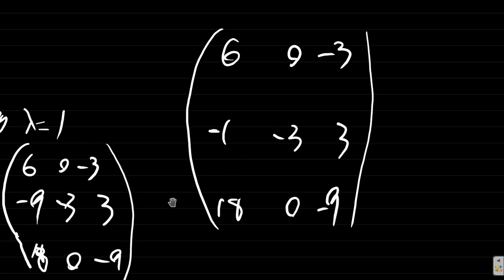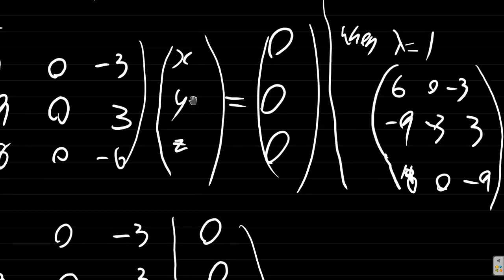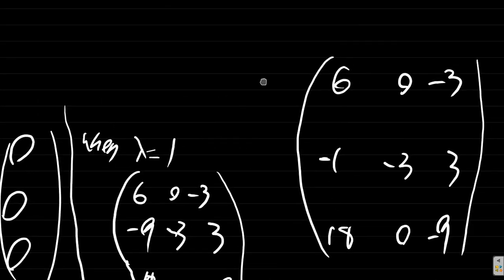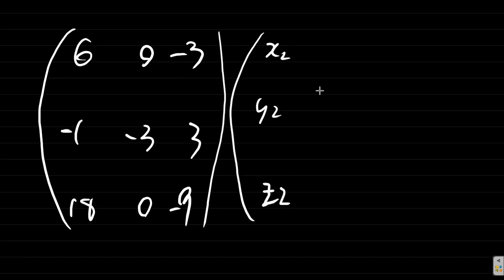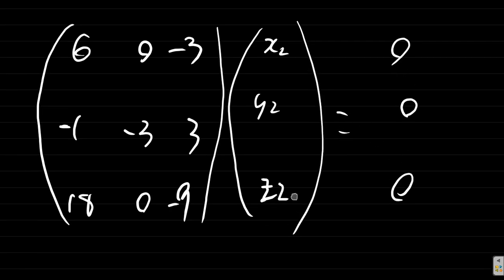So that's what you have, times, just like the xyz, but since we used xyz already, let's say it is x2, y2, z2 equals 0, 0, 0, alright?